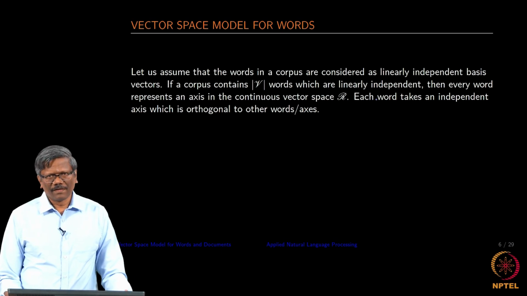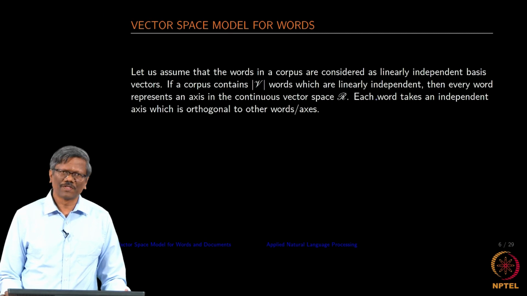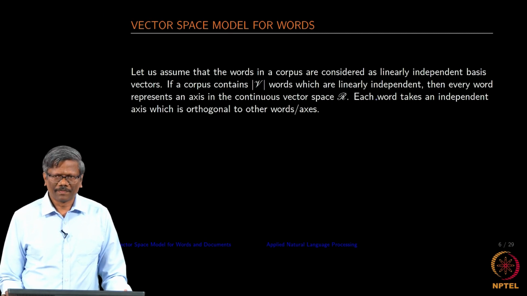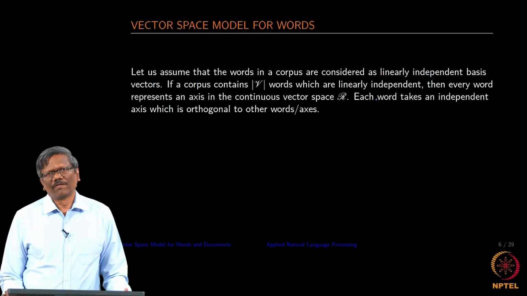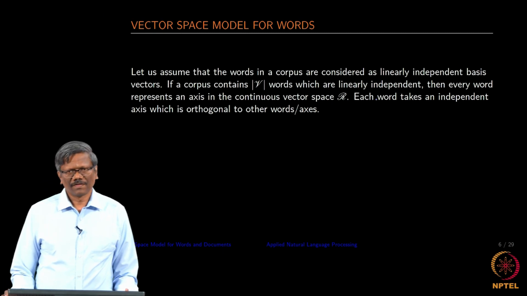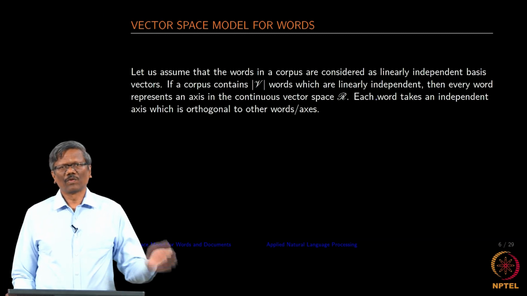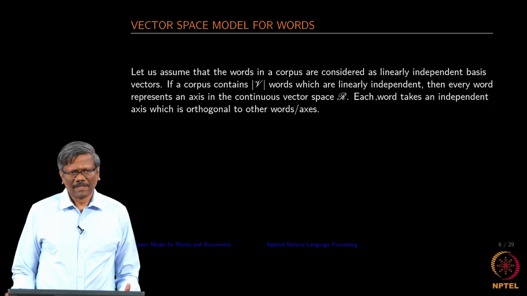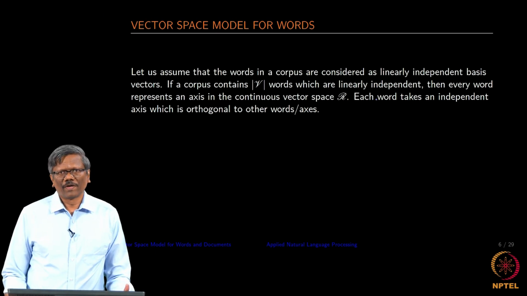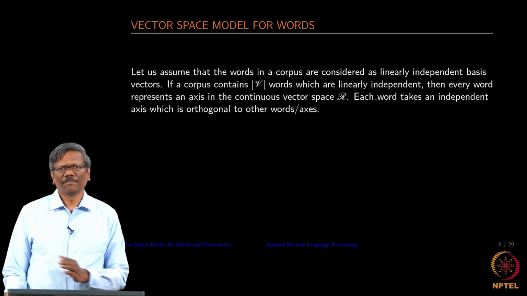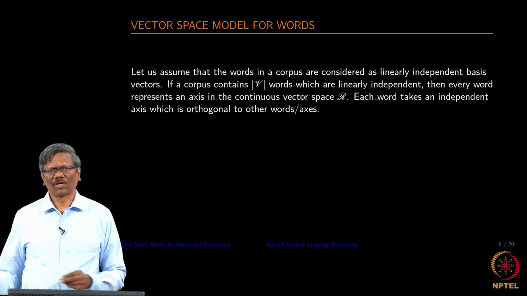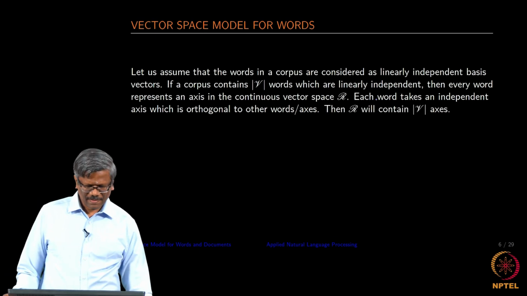So, as I mentioned earlier, like in the case where I introduced the vector space, every word now represents an axis. Okay. So, earlier we had x and y for namesake. Now, we are going to represent them with respect to words. Every word will occupy one axis.